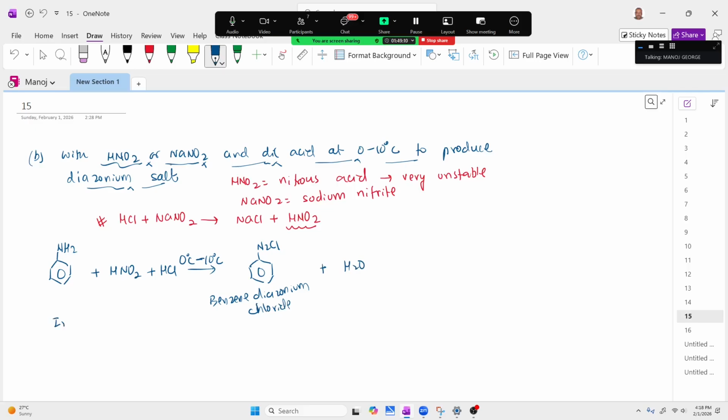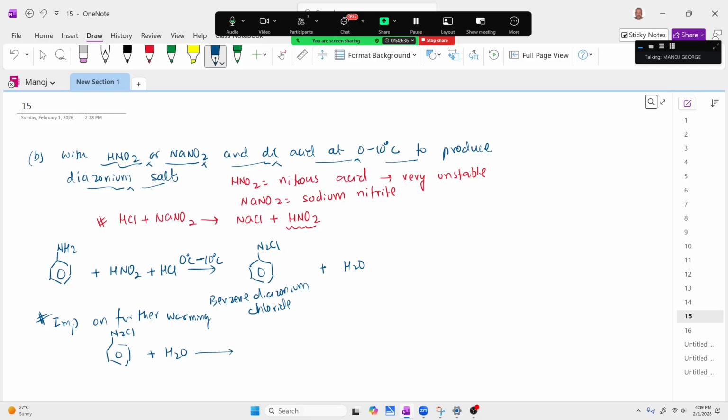Very important: on further warming, which means if I allow the temperature to slightly increase, this product, benzene diazonium chloride, changes. I will explain this once again in the next session.